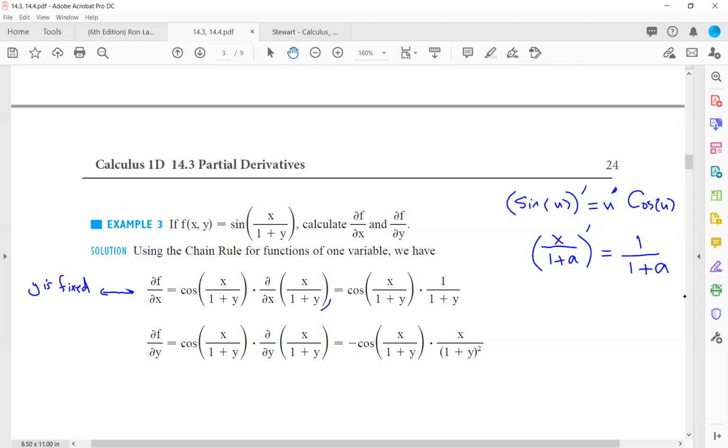So the derivative of x over 1 plus y with respect to x is 1 over 1 plus y. Then for sine, the derivative of sine is now cosine. And you copy down the quantity which is inside parentheses.